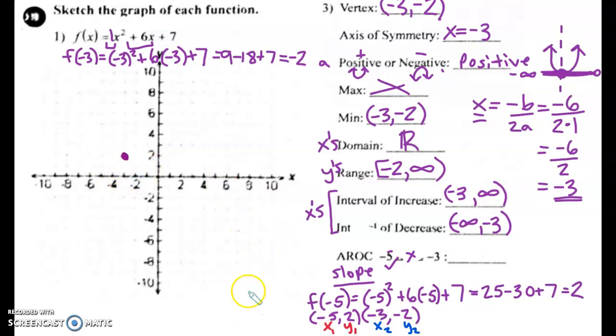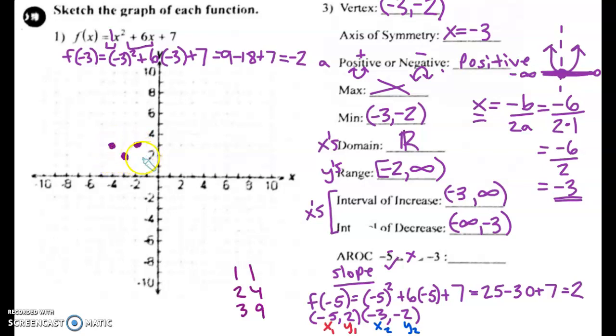So remember the pattern. I'm going to come down here. The pattern is over 1, up 1, over 2, up 4, over 3, up 9 for all quadratics. If they don't have a stretch or a shrink on them, this is the pattern. So here I go. Over 1, up 1. And then same thing, just the other side. Over 1, up 1.